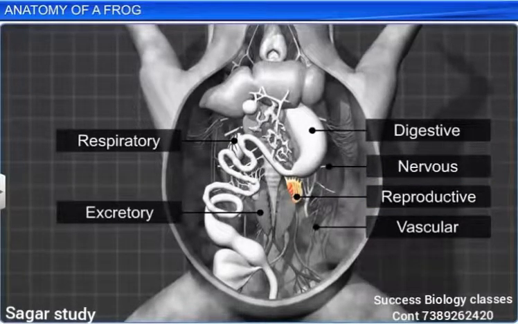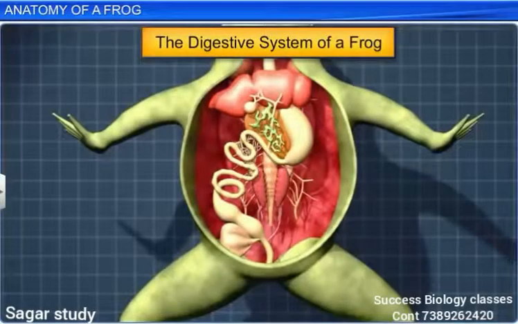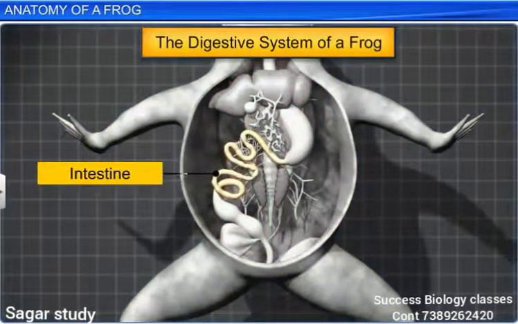Let's take a look at each system in detail. The digestive system consists of an alimentary canal and digestive glands. Frogs, being carnivores, have a reduced length of the intestine. This makes the alimentary canal short.